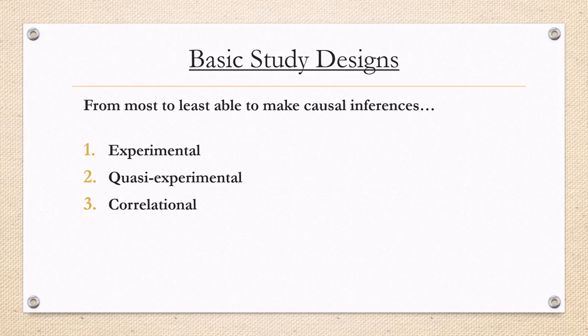Just to clarify, these are not study designs that match up one-on-one to each of these reasons for doing research. Rather, these research designs are organized in terms of the most to least able to make causal inferences.